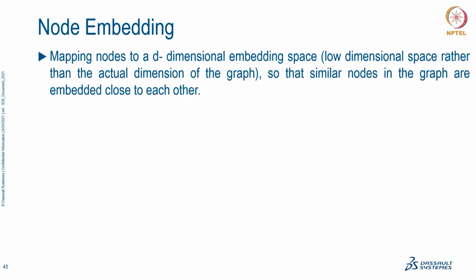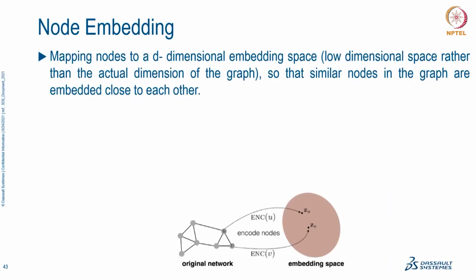For example, if you have worked with surfaces, a three-dimensional surface point is mapped to a two-dimensional parametric space of a surface. Similarly, this is a node embedding where this particular node is embedded to a lower dimensional space, such that there is a similarity between ZU and ZV, the same way as the original nodes U and V are similar.